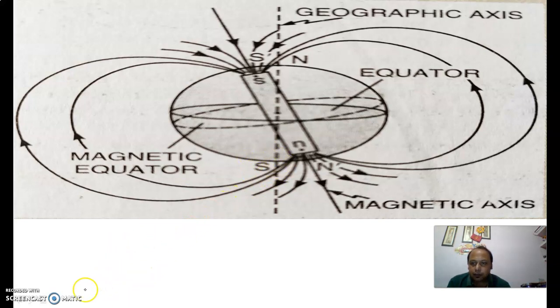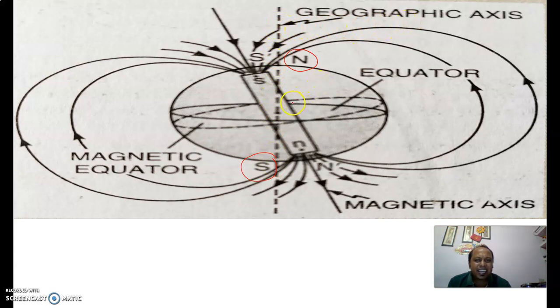If I want to show it using a pen, this is the south pole of the Earth and this is the north pole of the Earth. These are called the geographical north and geographical south pole. And the dotted line here represents the geographic axis.